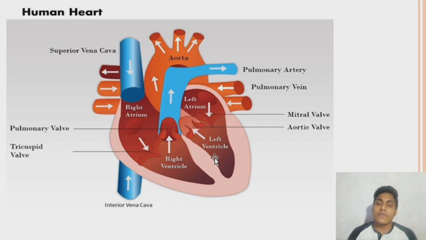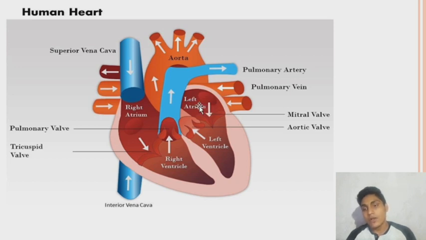When the impure blood, meaning the deoxygenated blood containing carbon dioxide, enters the right atrium, it passes through the tricuspid valve to the right ventricle. From the right ventricle, the blood is transferred to the lungs for purification with the help of the pulmonary artery.